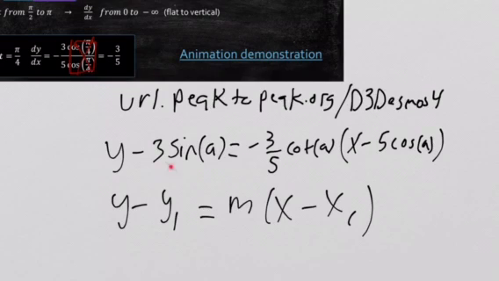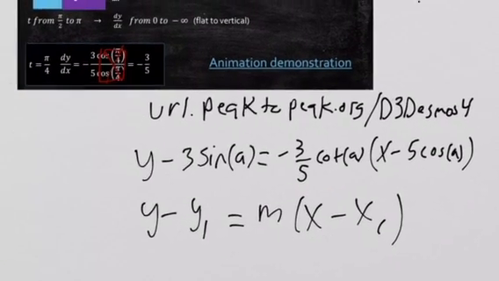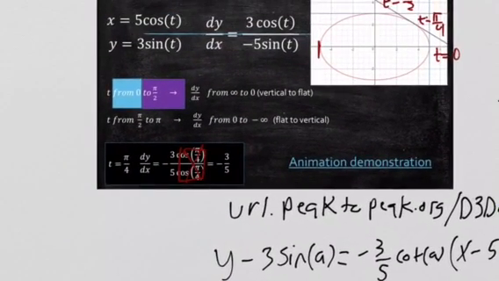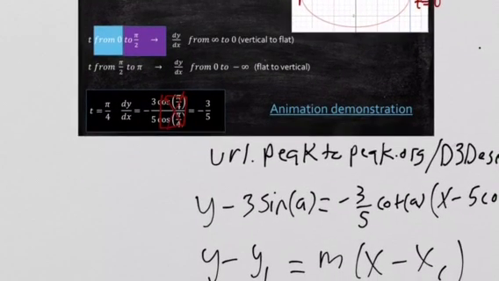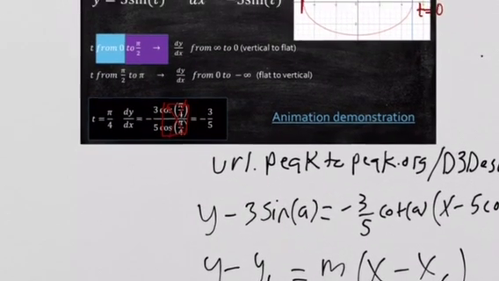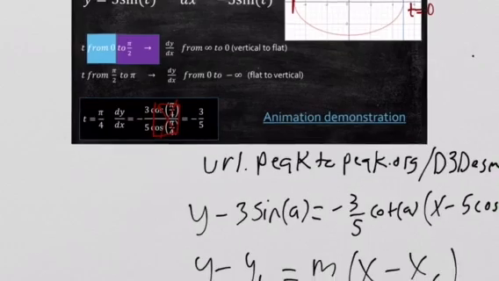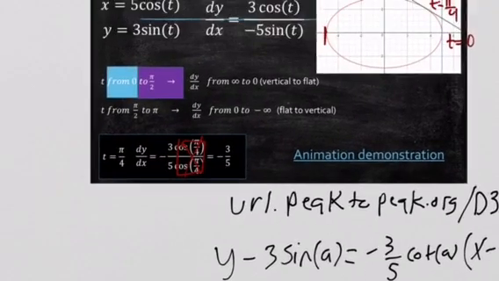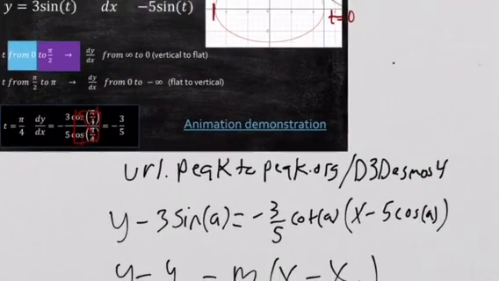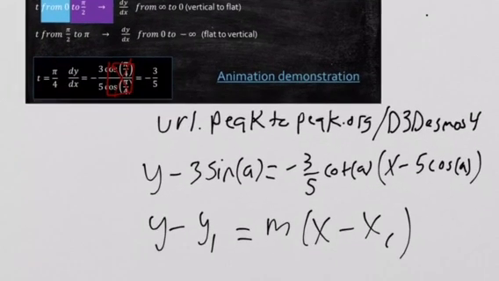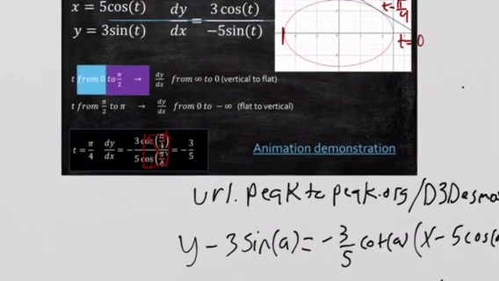So why is this the line that's going to be tangent to our ellipse, 5 cosine t, 3 sine t? Well, our y1 is determined by 3 sine a, right? Y is 3 sine t. Our x1 is determined by 5 cosine t, so 5 cosine a. And then our m value is determined by our dy/dx.